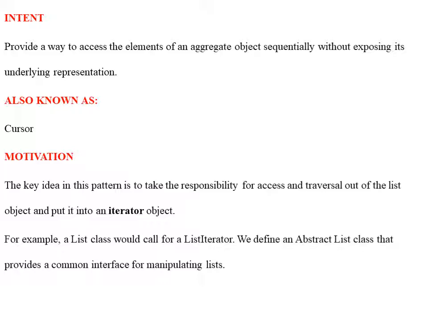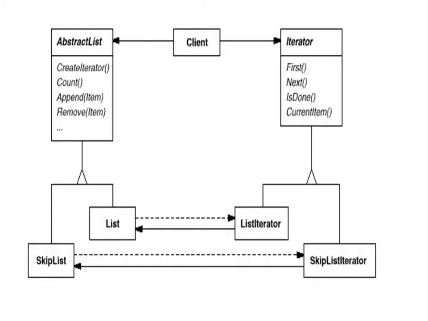So this is the main key idea of this pattern, and this is the motivation diagram. Here we are taking one iterator class, the abstract list class, and the skip list. The skip list is a data structure that holds all the object elements that need to be accessed from the abstract class and from the iterator class.